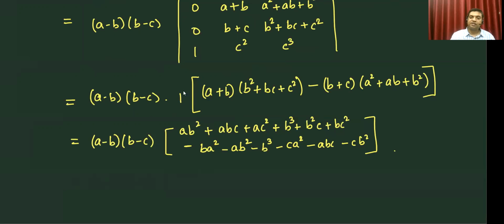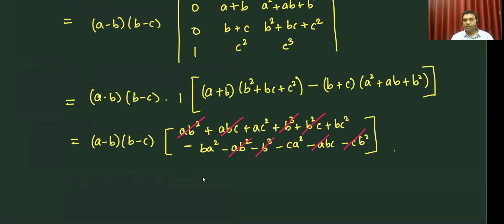So many terms cancel. AB square cancels minus AB square. ABC cancels minus ABC. Plus B cube minus B cube. And then B square C and B square C cancel.